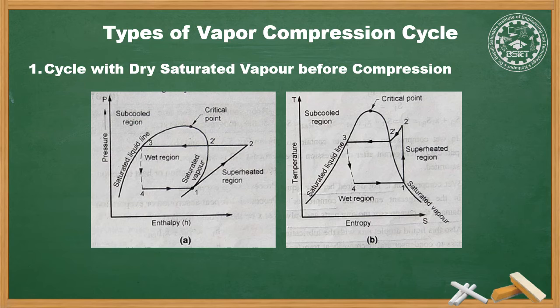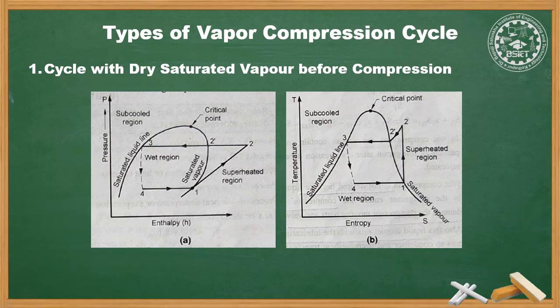Due to rejection of heat, the temperature decreases and change of phase takes place, that is, latent heat is removed, and it reaches liquid saturation temperature at point 3. Then this liquid refrigerant passes through the expansion valve where it is throttled, keeping the enthalpy constant and reducing the pressure.